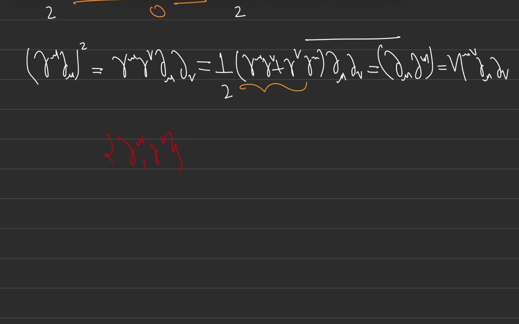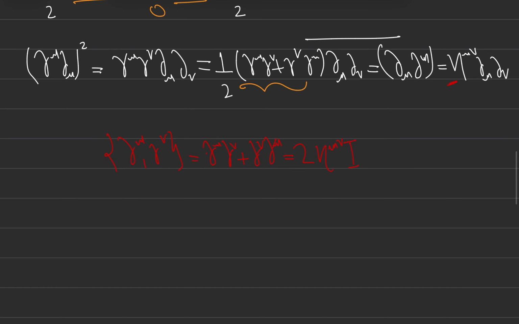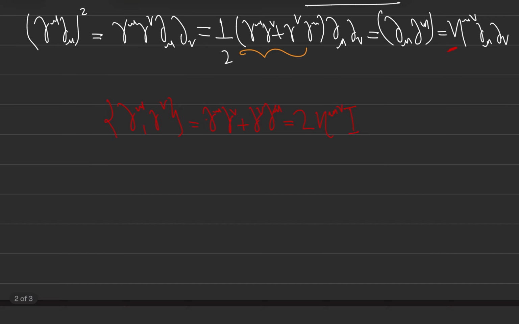The anti-commutator of gamma mu and gamma nu is defined like this: gamma mu gamma nu plus gamma nu gamma mu. If this is equal to 2 eta mu nu, of course times the identity matrix, then this equation is satisfied. Okay, and from here we get the commutation relations for the gamma matrices, and this is called the Clifford algebra.